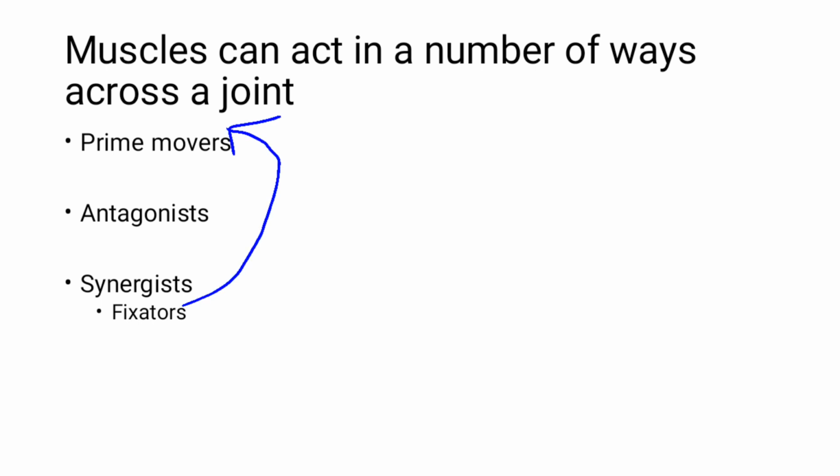Now, the glenohumeral joint has a big ball and a very shallow socket, unlike the hip joint, which has a deep socket. And so at the glenohumeral joint, you need muscles that pull the head of the humerus into the socket of the scapula before movements are possible.